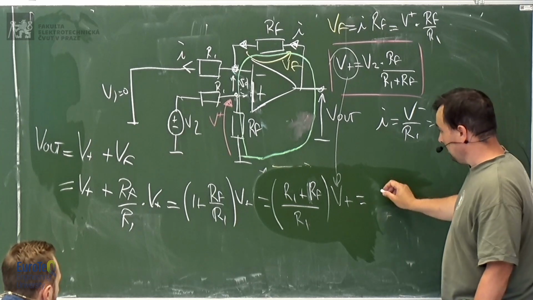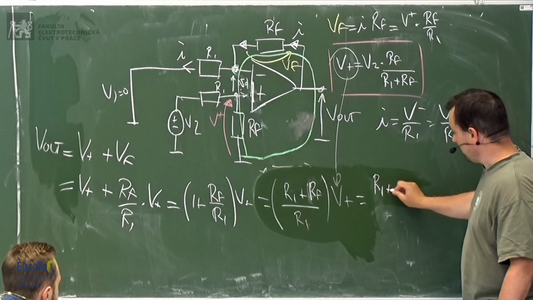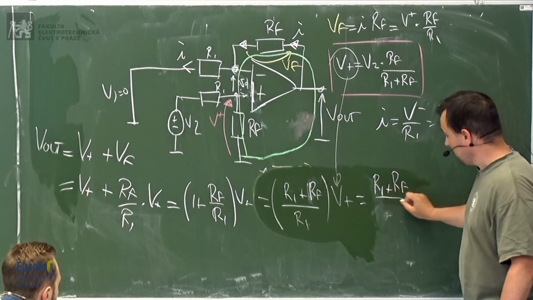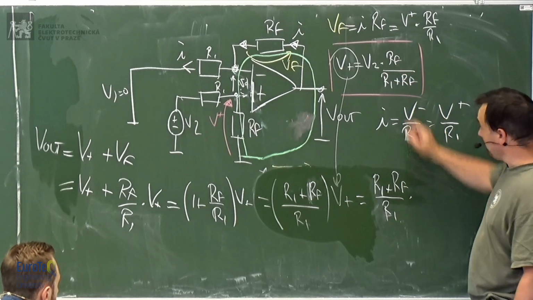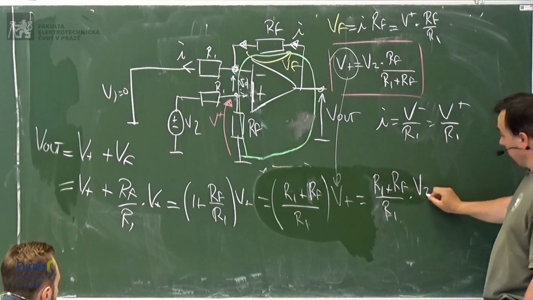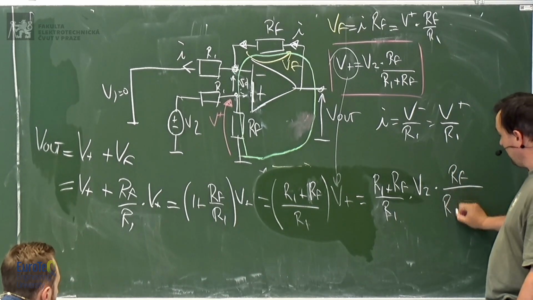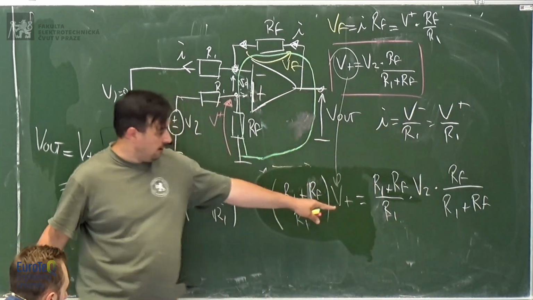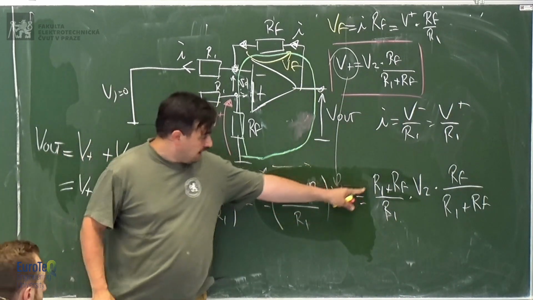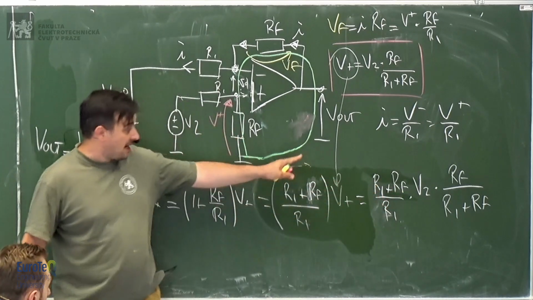So you have R1 plus RF over R1, times V plus.